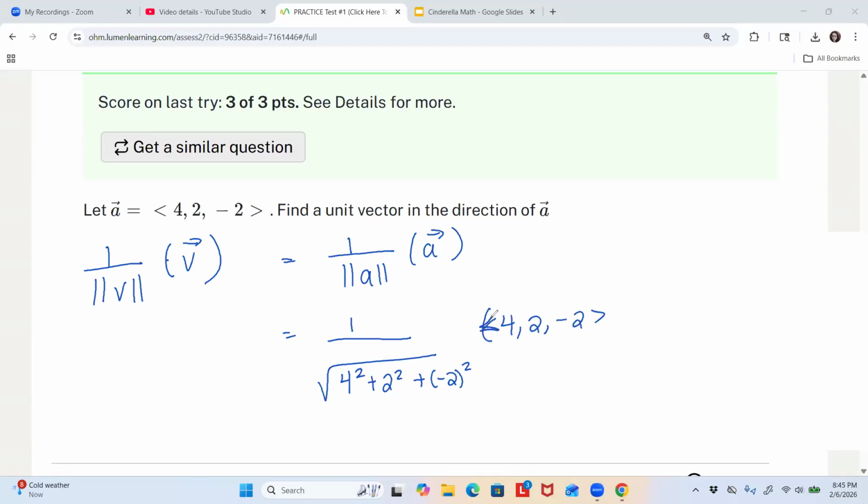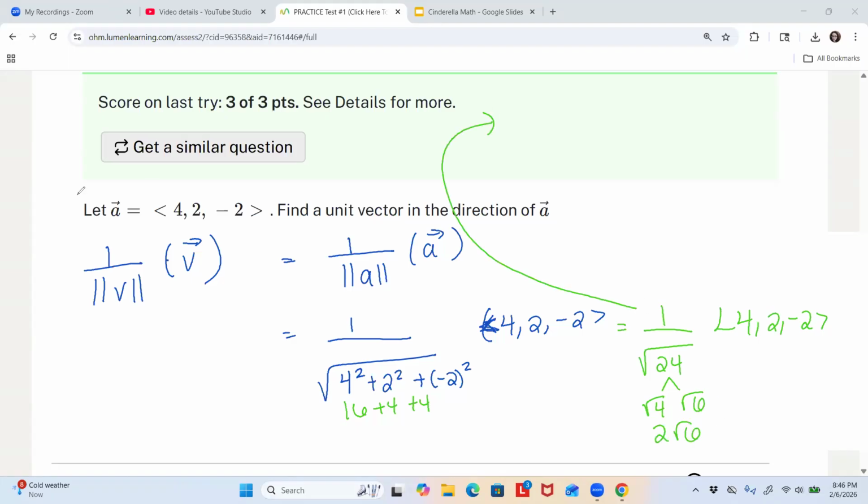All right, so let's work this out. That's going to be 1 over root 16 plus 4 plus 4, so that's 24, times our vector. Now, the root of 24, let's break that down. That is root 4 and root 6, so that's 2 root 6.